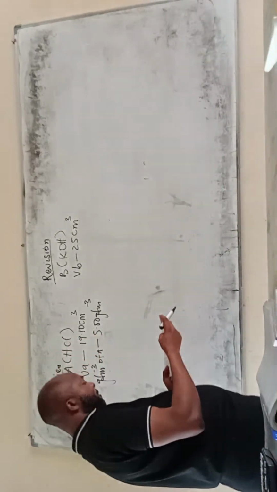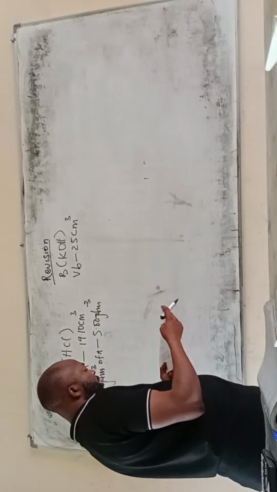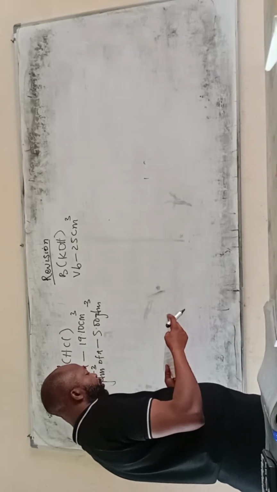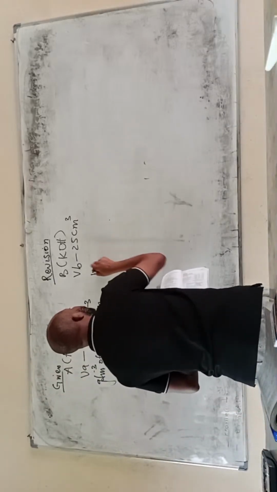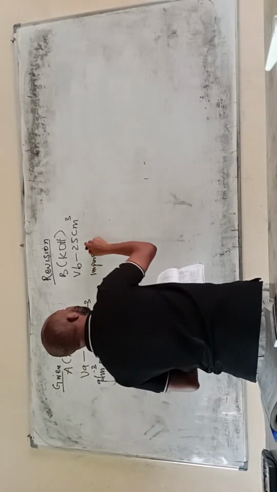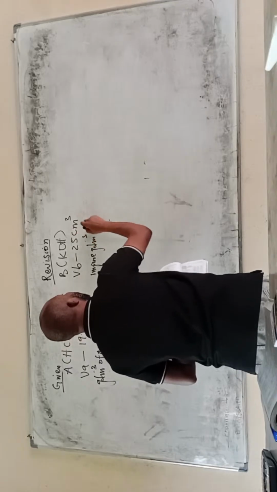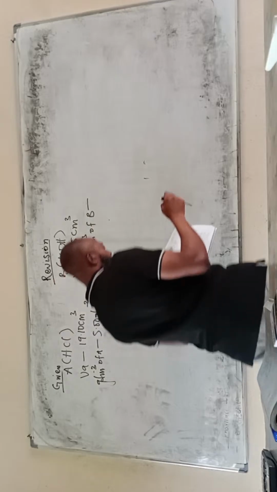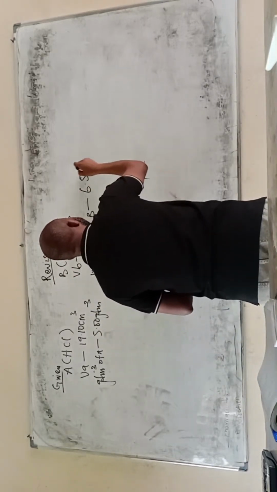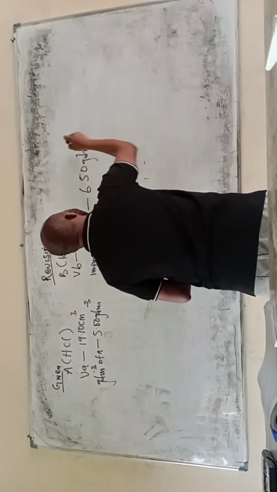Now, it says that the impure B is 6.5 g/dm³. The mass concentration of impure B is 6.50 g/dm³.